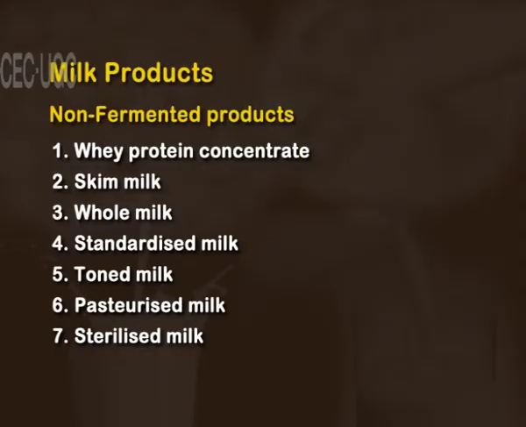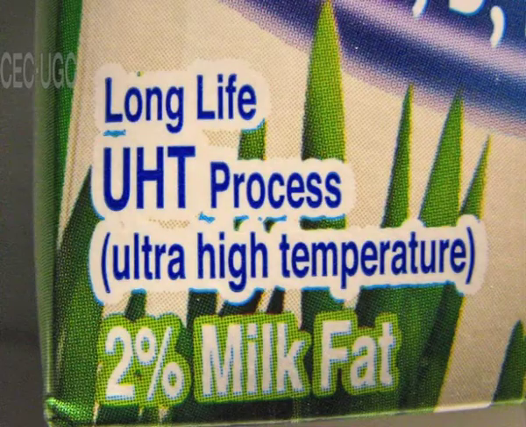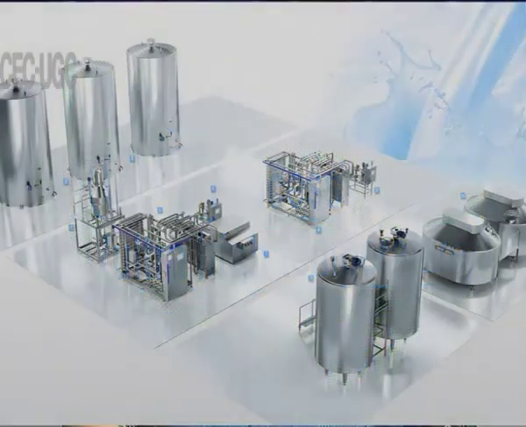Then the next one, the milk which we find in Tetra Paks, is called ultra high temperature processed milk. Now in this milk, the milk is subjected to a temperature of 135 degrees and above for a very brief period of time, which makes sure that all the bacteria and the spores are destroyed.